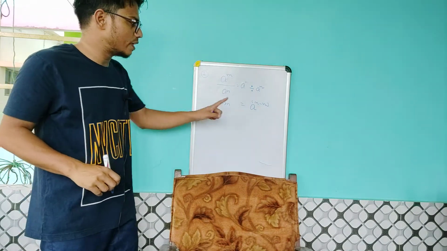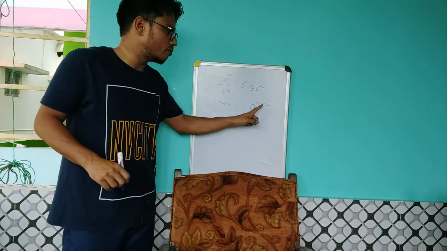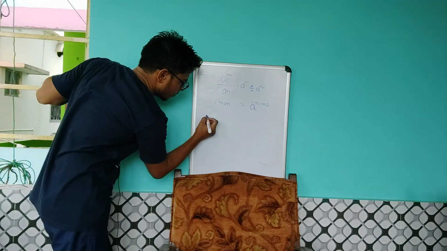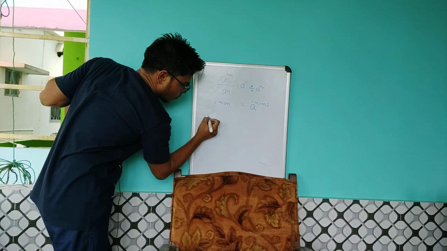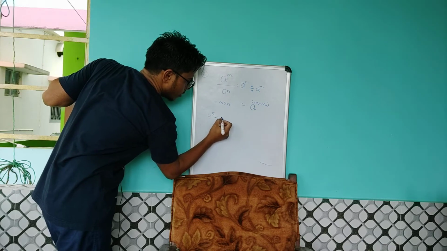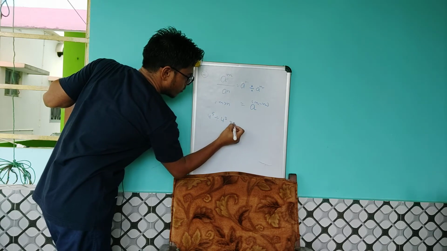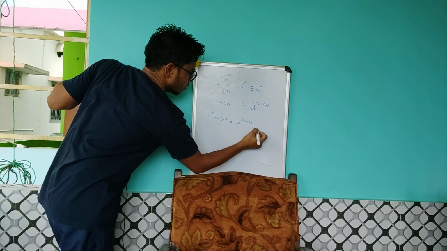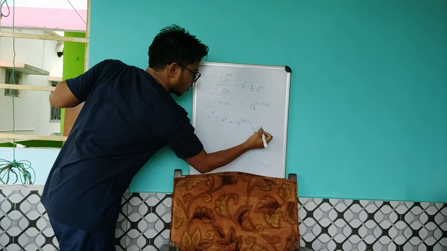In multiplication, we added the exponents. In division, we will subtract them. We'll remember it like this. For example, 4 to the power 5 divided by 4 to the power 2 will be equal to 4 to the power 5 minus 2, that is 4 to the power 3.